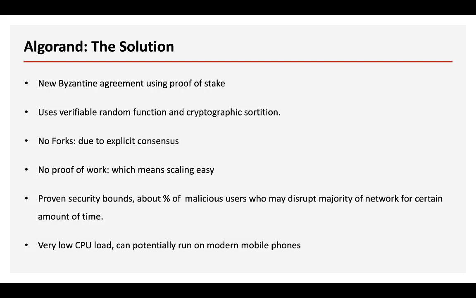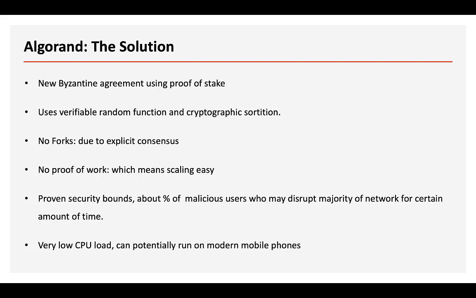Every node runs a function called a VRF, or verifiable random function, that depends on its private key, and the result of that computation tells them whether at this moment they are part of the committee or not.